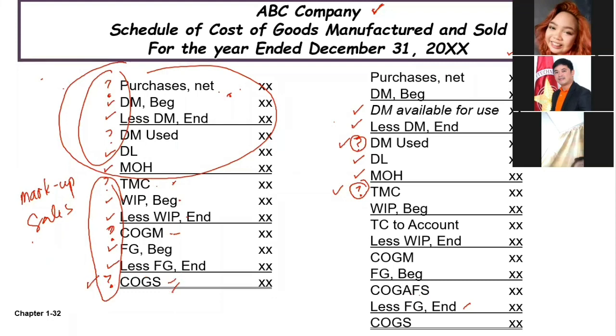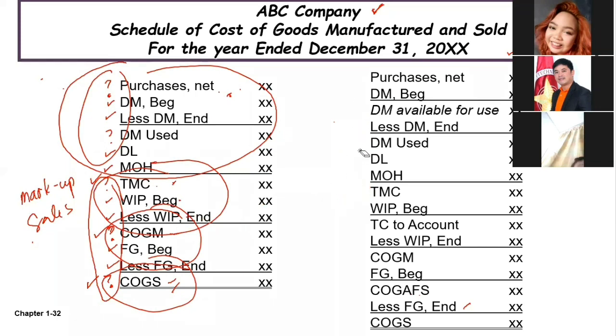Kaya pag nakuha mo na si cost of goods sold, you can now solve for cost of goods manufactured and eventually for total manufacturing cost. Ibig sabihin lang, definitely may solution po yan. But sometimes the examiner will not give you question na one step lang. May mga multiple steps that you have to perform before you can come up with the answer.